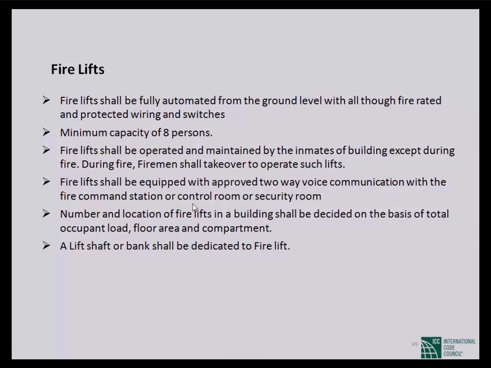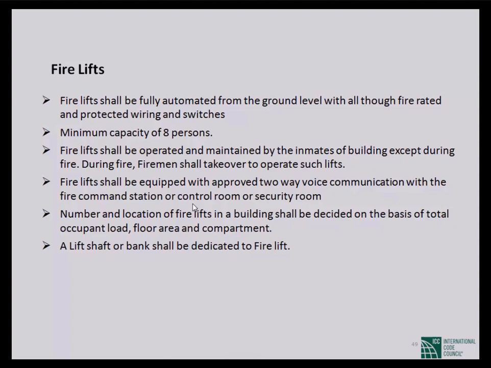At the time of fire, the lifts will not be operated by normal people. A fire lift will be operated by the firemen only, and all other people should never use the fire lift. But in a hospital, you must use the fire lift, because some patients living upstairs need the lift for their evacuation.